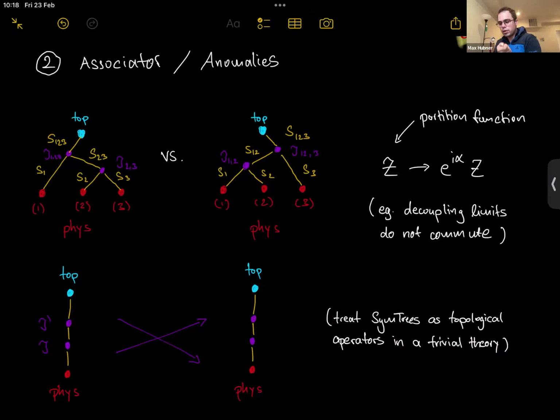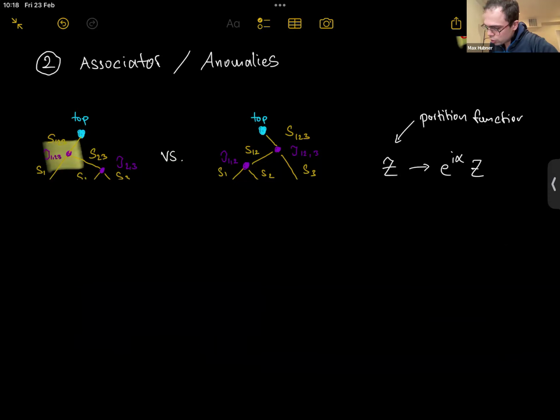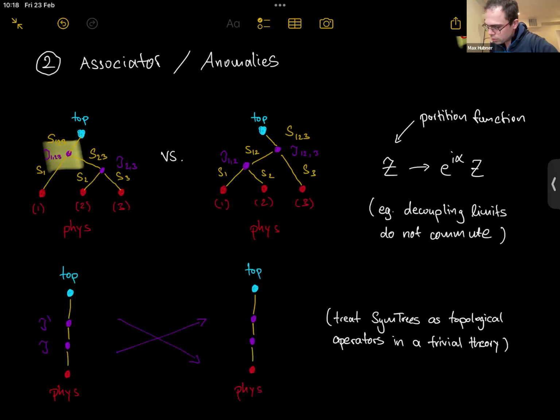And then I might rearrange the trees as shown. So I get a junction going between theories 1 and 2, and a junction going to theories 2 and 3, or the other situation, where we have a junction going to theories 1 and 2, and a junction going to theories 1, 2, and 3.